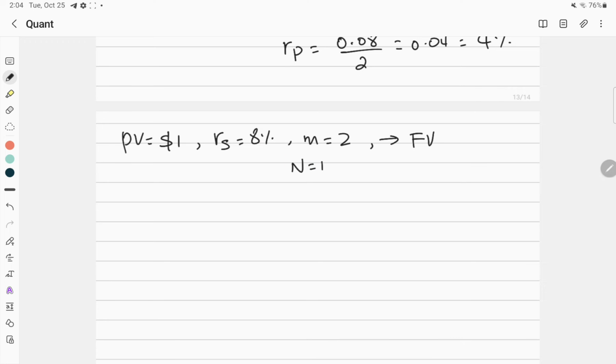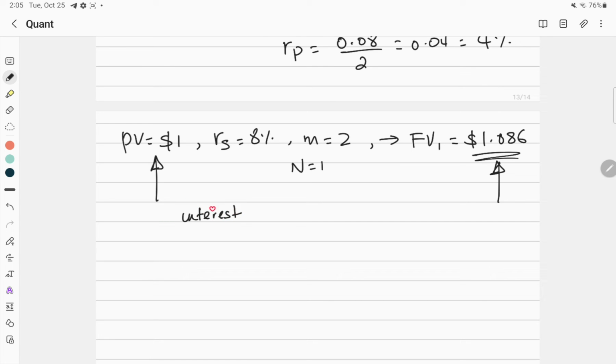That means n is equal to 1. It will give us 1.0816. So initially we invested $1, right? At the end of the first year, we got 1.0816. So how much interest did we get?